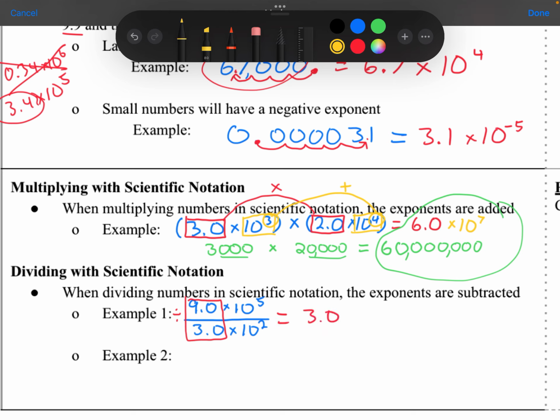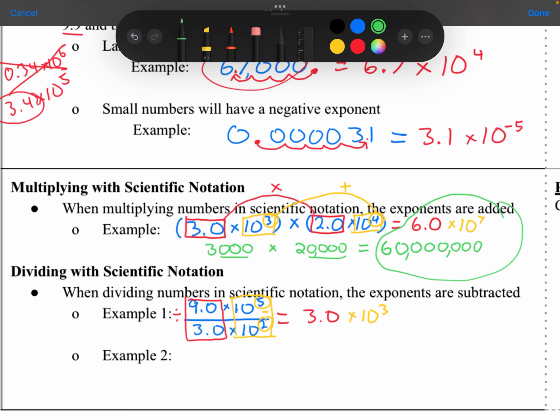And then I have my exponent piece. Our rule says that if we're dividing two numbers in scientific notation, we can just subtract those exponents. 5 minus 2 is 3. So I end up with 3.0 times 10 to the 3rd.